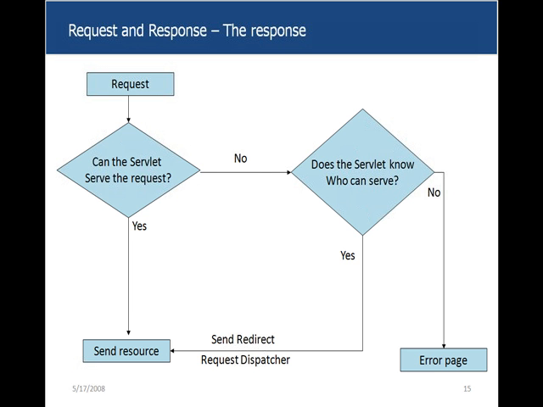The servlet actually sends back a response to the client, and the client here is nothing but the web browser. The servlet tells the web browser that it cannot serve the request, but it knows that xyz.com can. Please send a request to xyz.com. So the web browser gets this response from servlet ABC and sends another request to servlet XYZ, and ultimately gets the resource from the XYZ servlet.